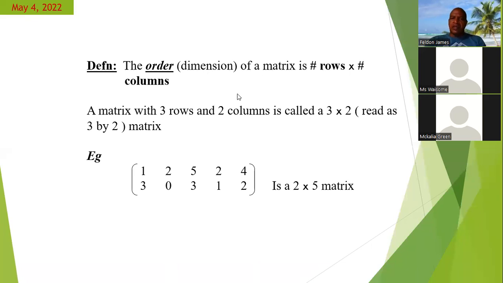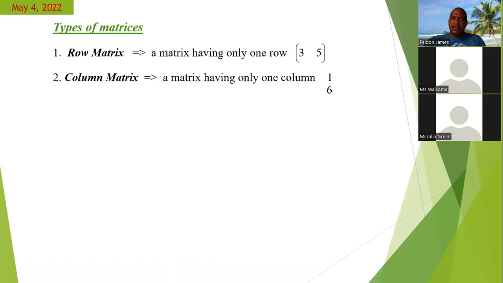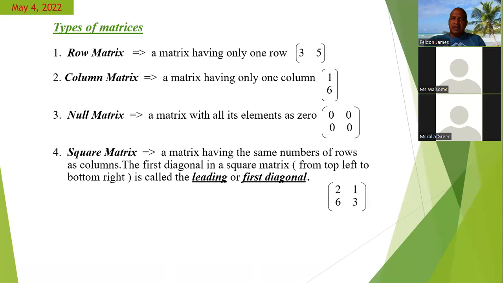All right, so moving along. Types of matrices. We have several types of matrices, and the ones that we'll be concerned with are as follows. One, the row matrix. It is called a row matrix because it only has a single row. We can identify a row matrix by looking at a matrix where the numbers go right across a single row.